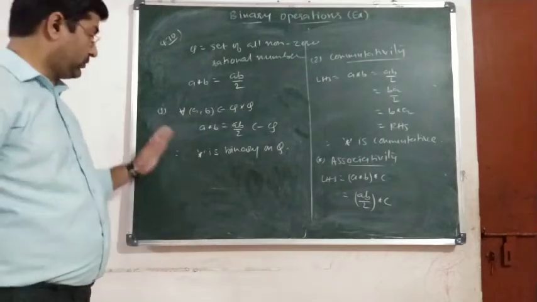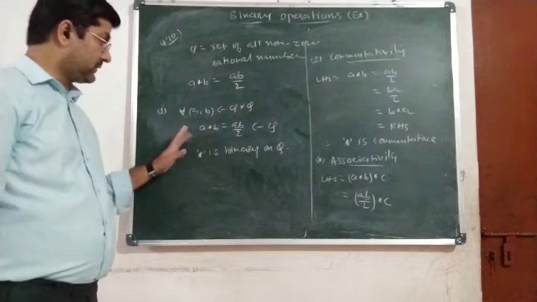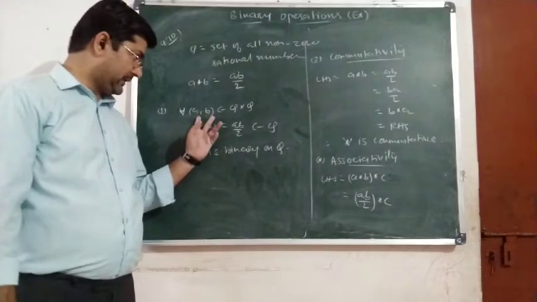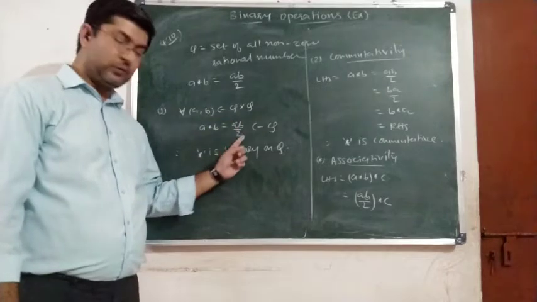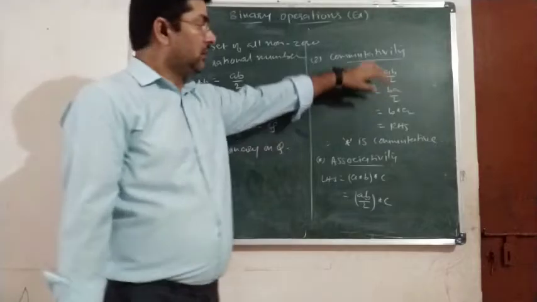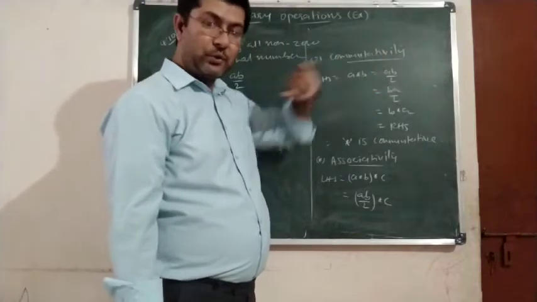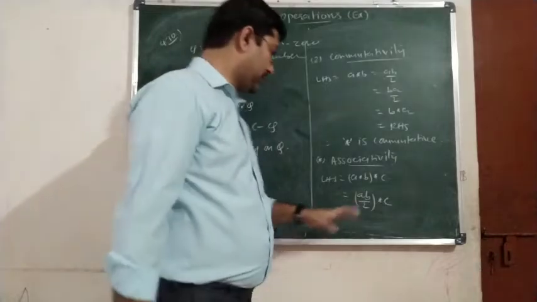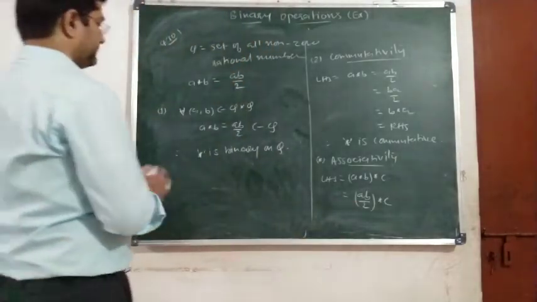Before that we will just go through the first one. Since for any two numbers A and B in Q, AB by 2 will also belong to Q, and therefore this is binary. AB by 2 or BA by 2 will give you the same answer in Q, and therefore it is commutative. Now associativity we are checking.